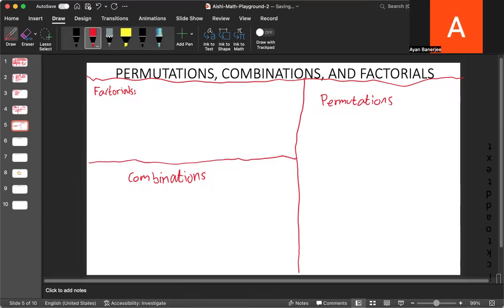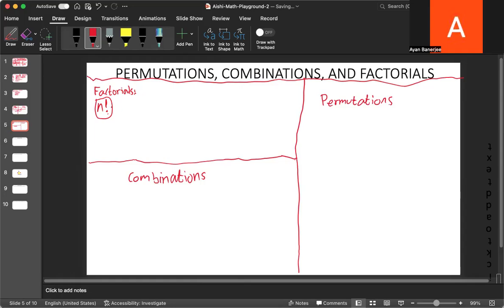So if you wanted to write, let's say n is any number, n factorial, you would write n and then, the least thing you'd expect, an exclamation point. So this is how you would write n factorial.